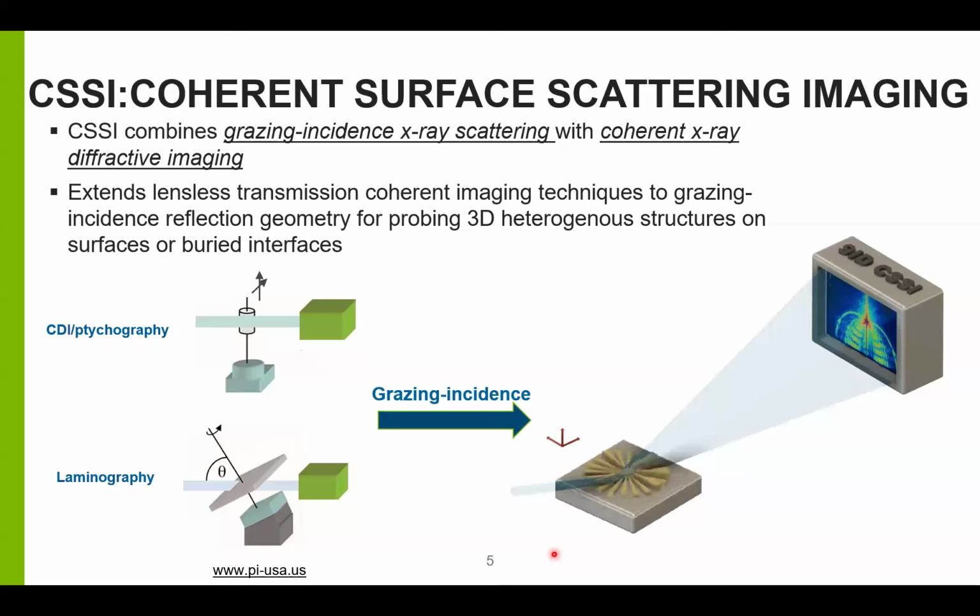So CSSI is a technique that combines grazing-incidence scattering, so you have the reflection geometry like you see here, and it combines it with coherent X-ray diffractive imaging. So this is basically lensless, like you have lensless transmission, coherent imaging techniques. This is extending that so that we can look at 3D structures on surfaces or buried interfaces.